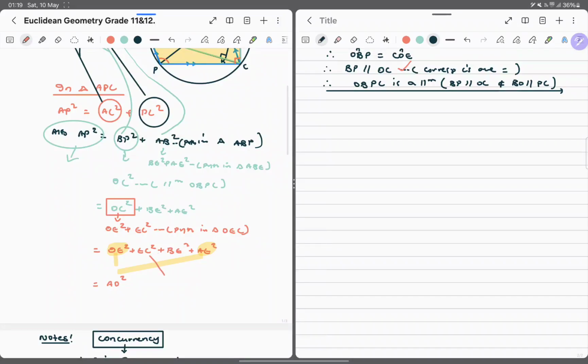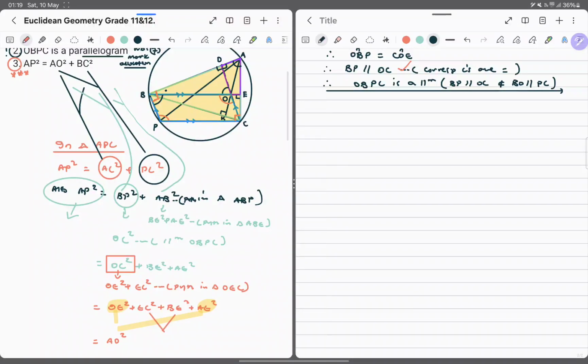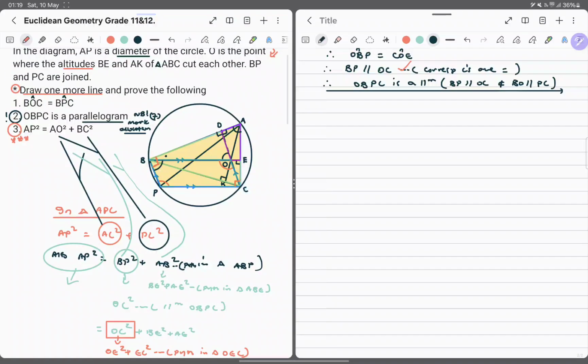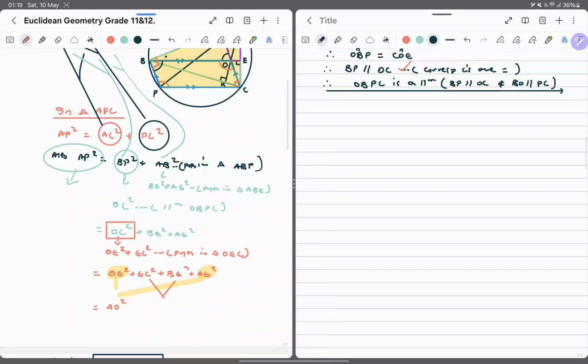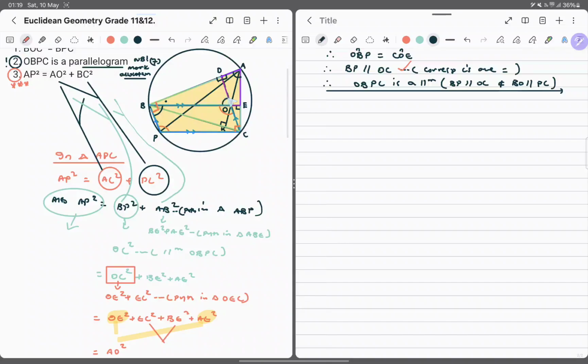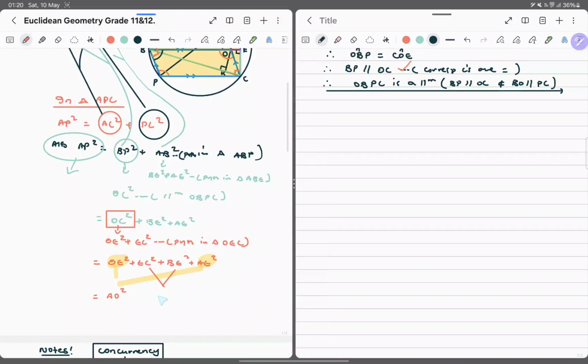And then these two, they should give us something. EC squared plus BE squared gives us BC squared. Nice.